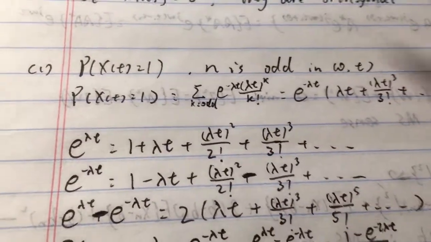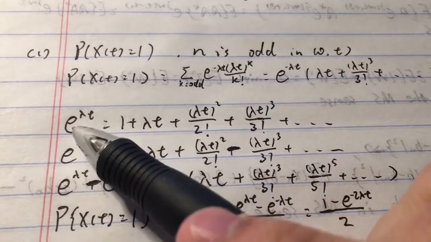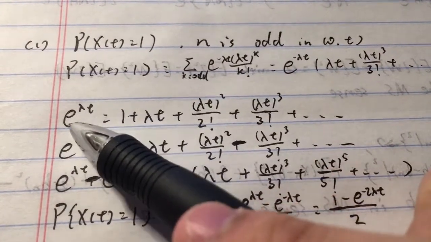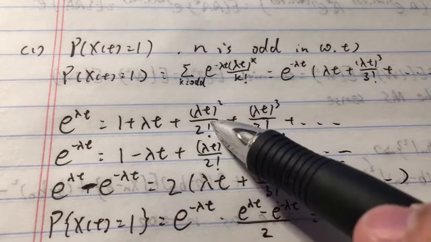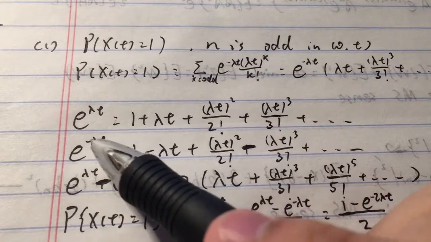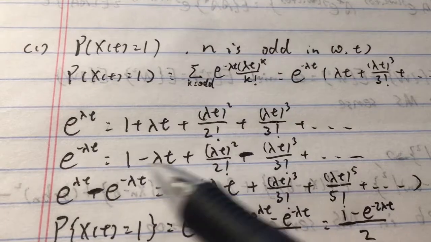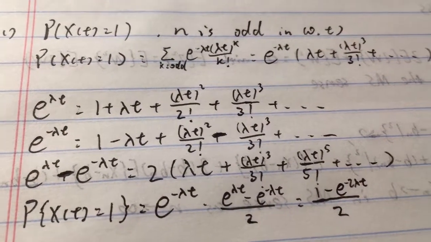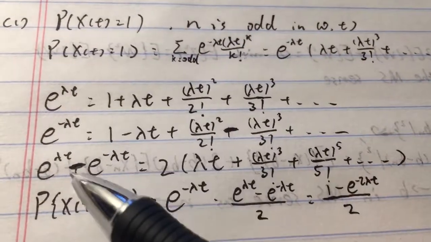At first we need to know the value of this: the power lambda t of this equals this whole thing, and the e to the negative lambda t, the power of this is equal to this. So we put these two together and add them to each other, and we got this.